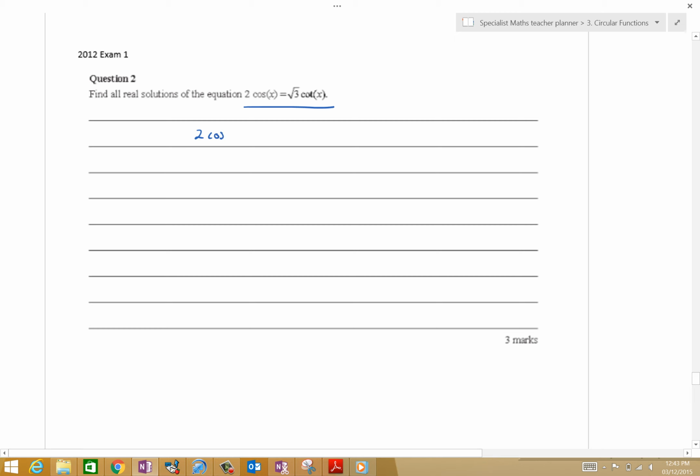So I've got 2 cos of x is equal to root 3 cos of x over sine of x. Never, ever, ever do this, ever. You can't. So let's get it onto one side, and I'm going to do cos of x as a common factor.